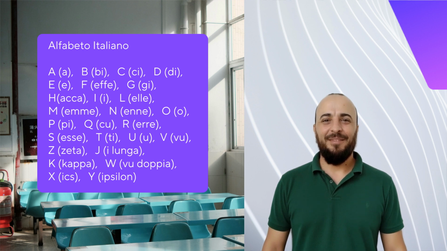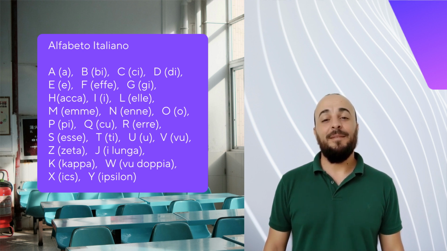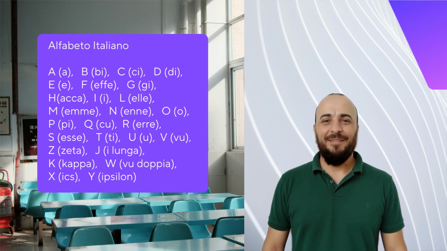A, B, C, D, E, F, G, H, I, L, M, N, O, P, Q, R, S, T, U, V, Z, I lunga, K, W, X, Y. Knowing the alphabet is important because it helps you pronounce and write words correctly and spell them out.